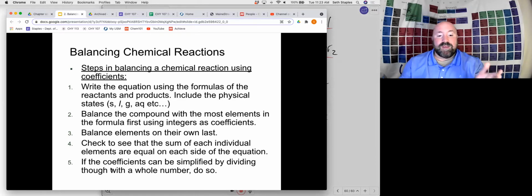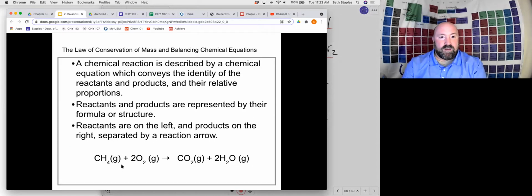Ultimately, your big goal in balancing a chemical equation is to ensure that there is the same number of each type of element on both sides of the equation. That's your goal. And so a chemical reaction is balanced when that happens.